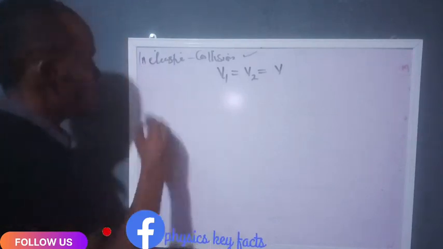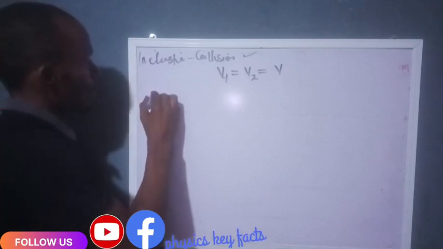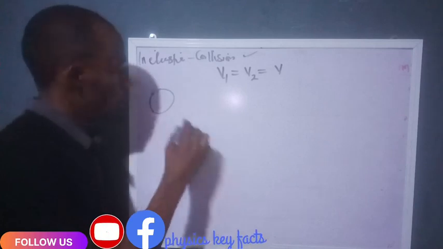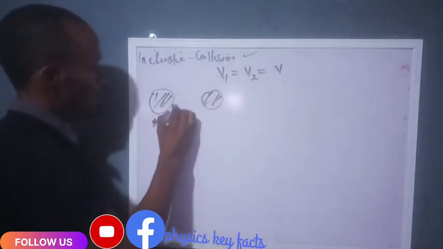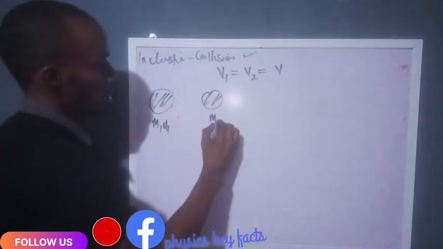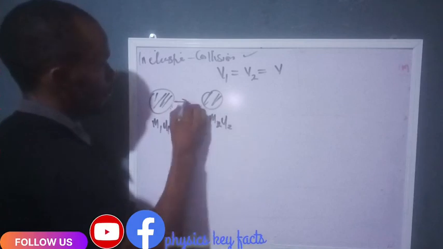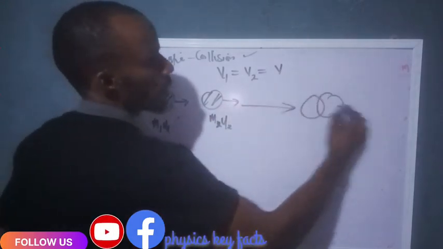So the formula will be, let me illustrate it with this. Let's say m1 u1, m2 u2, they collide together. So after collision, they stick together.